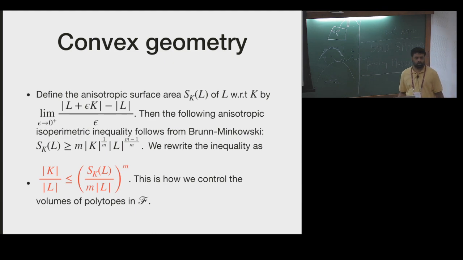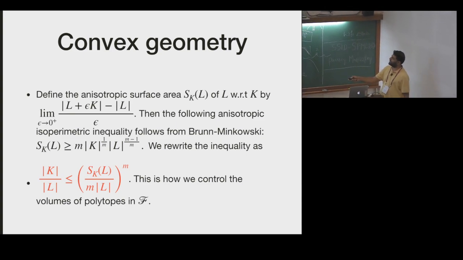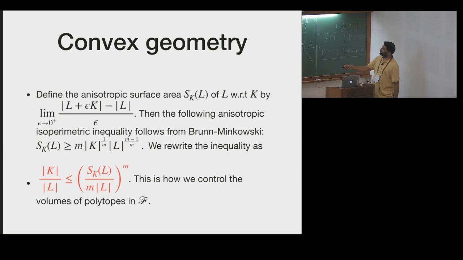Isn't that called mixed volume? This is a special case perhaps of mixed volume, yeah. And the inequality is the Alexandrov-Fenchel inequality. That's right. So this anisotropic surface area is greater or equal to m times K to the 1 by m, L to the m minus 1 by m.